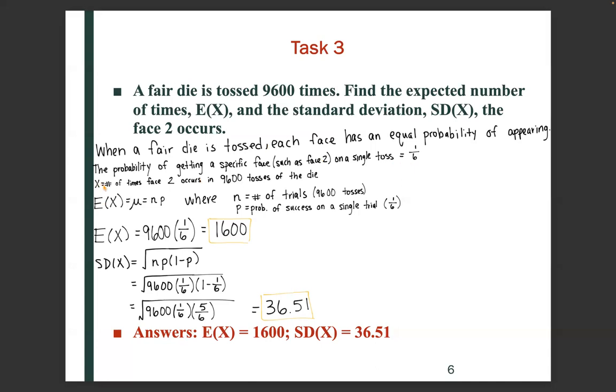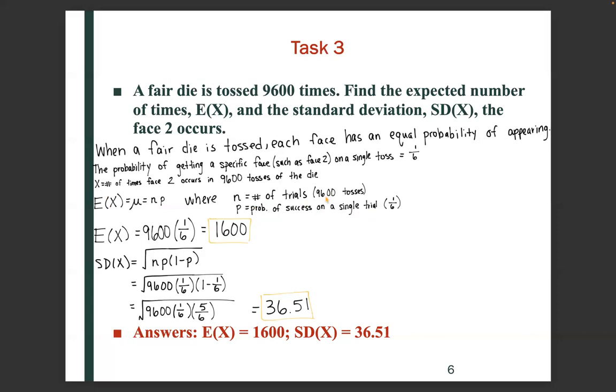We're going to have X be the number of times face 2 occurs in 9,600 tosses of the die. In order to find the expectation, we can multiply n by p, where n is the number of trials and p is the probability of success on a single trial.